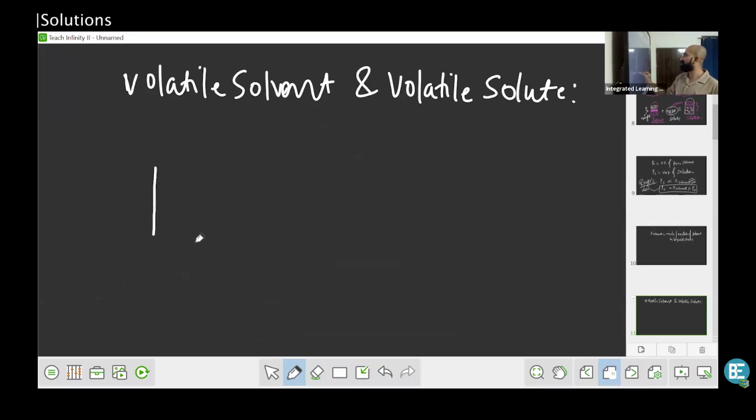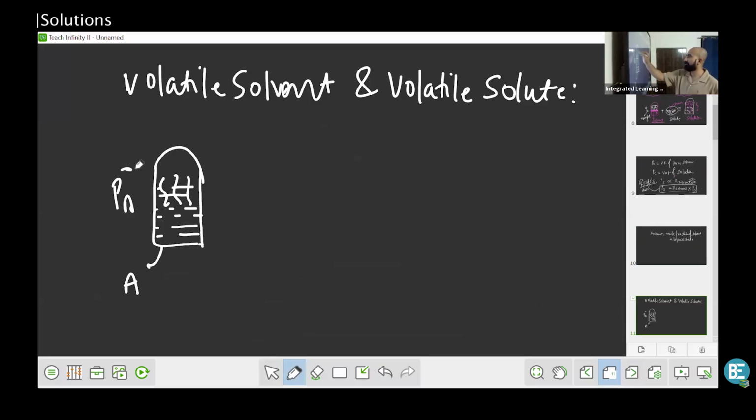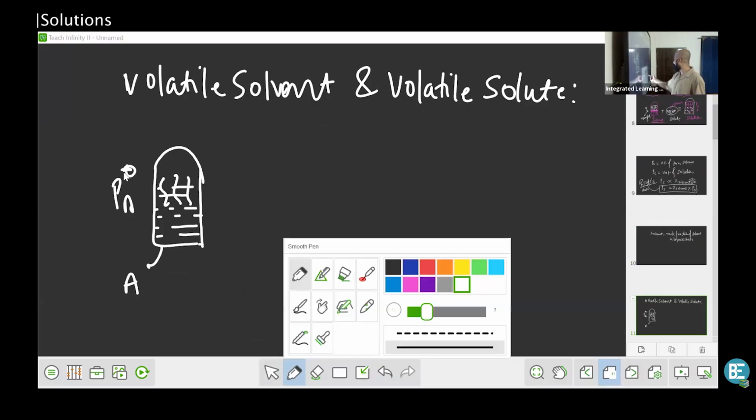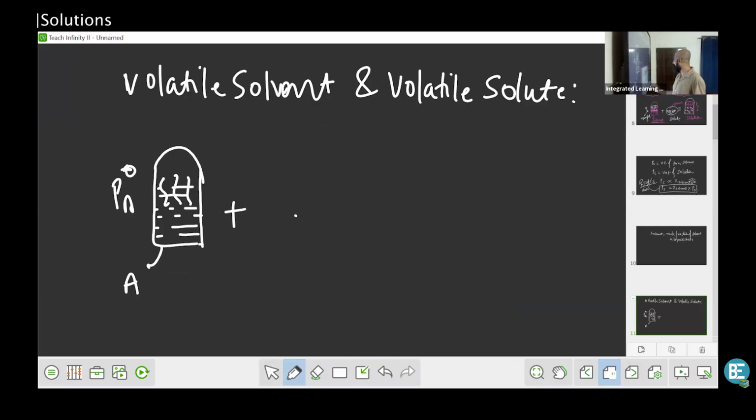So suppose here I have taken A. This is also volatile, so its pressure is PA naught, plus I have taken B. B is also volatile. One is solute, one is solvent. You can assume any to be any one of them. I mean, you can take A as solvent and B as solute, or B as solvent and A as solute. This is B, and the vapor pressure is PB naught.